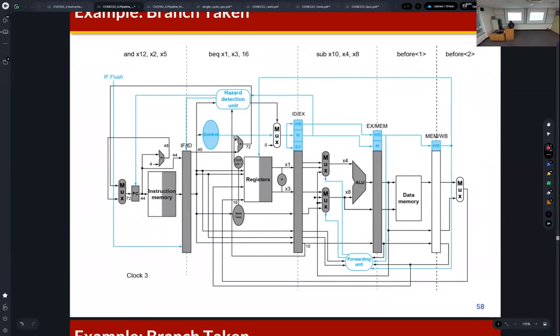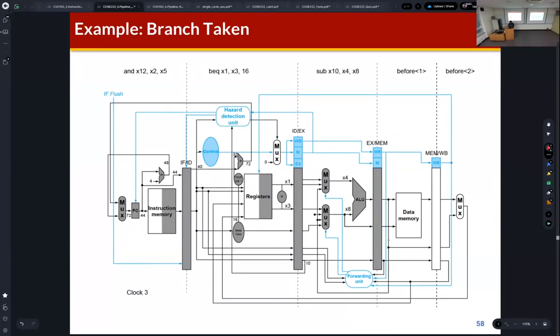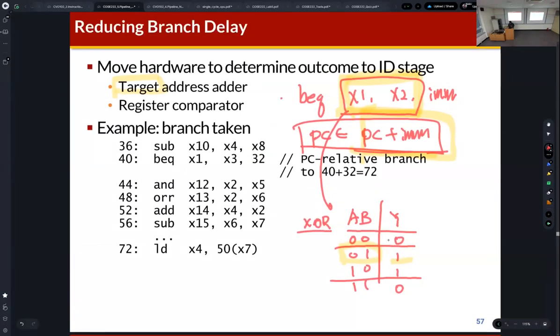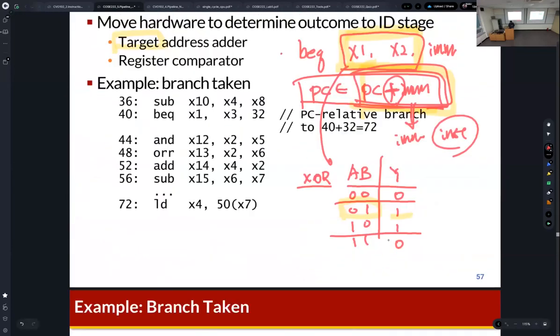So the idea is that the immediate is included in the instruction. Okay, and then this is the add operation. We can know the PC value in the ID stage.